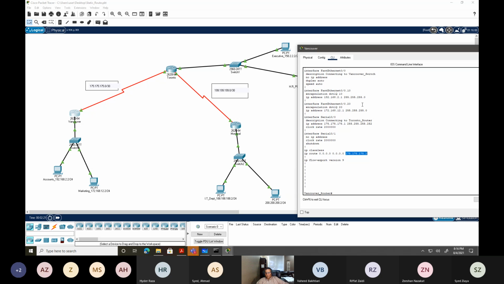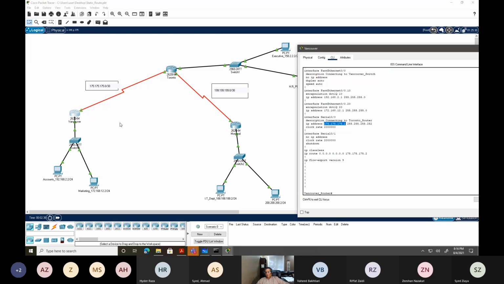For Vancouver, this is my IP address here, and for Toronto, this is the IP 175.175.175.2. So what I'm saying is, do not drop any packets, simply send the traffic to Toronto.